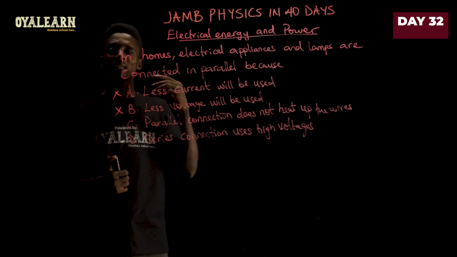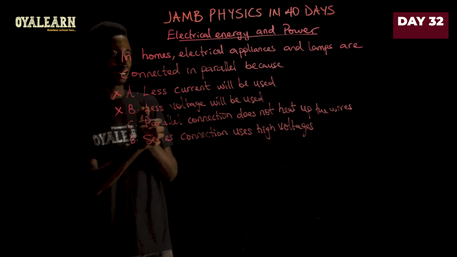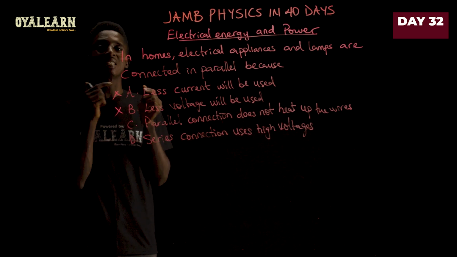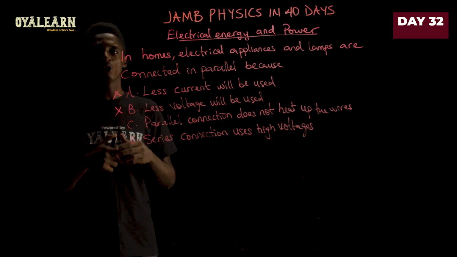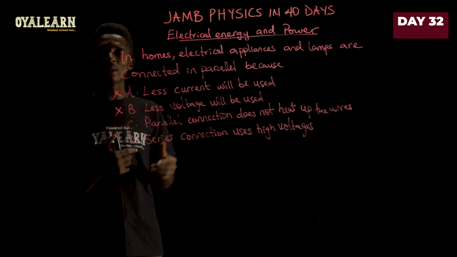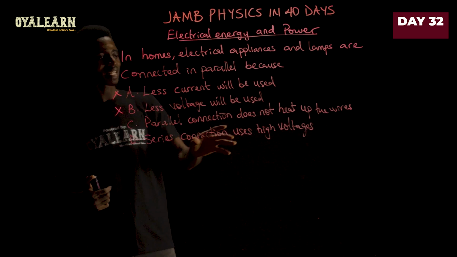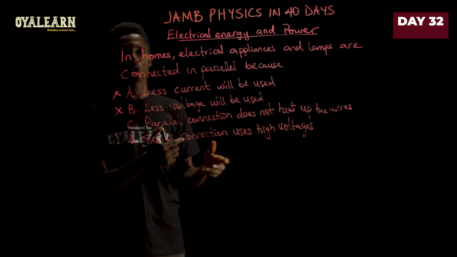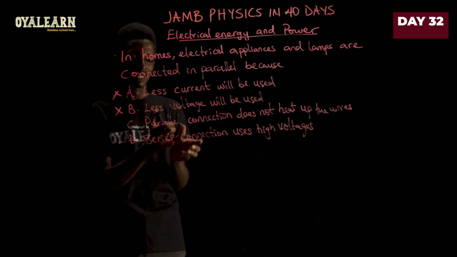Another thing that can make it get hot is not just the number of loads, but also the quality of wires used. That is, if you use thin wires or thick wires, it can also determine how the circuit gets hot. But we understand that yes, this line can be true, but it's just not entirely true. So it's more like a half-correct statement.